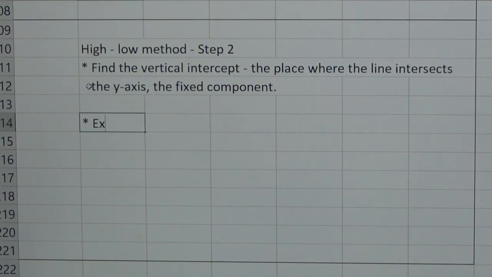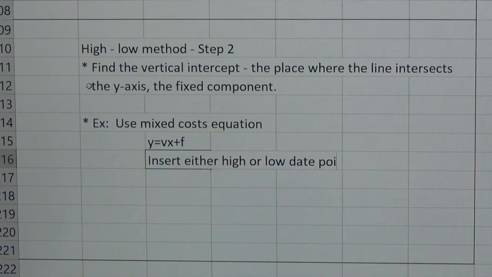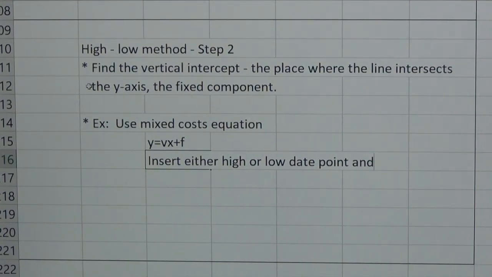For the example, we'll use the mixed cost equation. How does that work? Well, for the mixed cost, we've got y equals Vx plus f. We're going to insert either the high or low data point and solve for f.